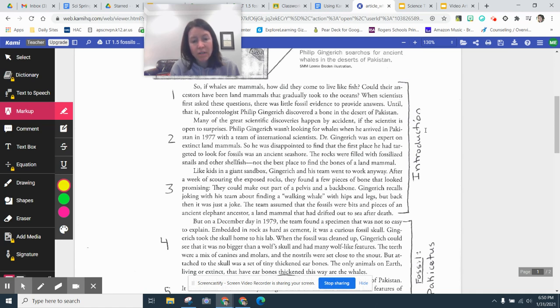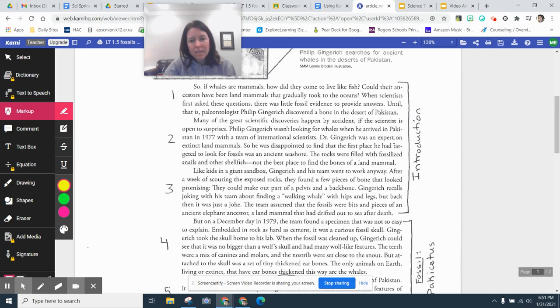After a week of scouring the exposed rocks, they found a few pieces of bone that looked promising. They could make out part of a pelvis and backbone. Gingrich recalls joking around with his team about finding a walking whale with hips and legs, but back then it was just a joke. The team assumed the fossils were bits and pieces of an ancient elephant ancestor, a land mammal that had drifted out to sea after death.